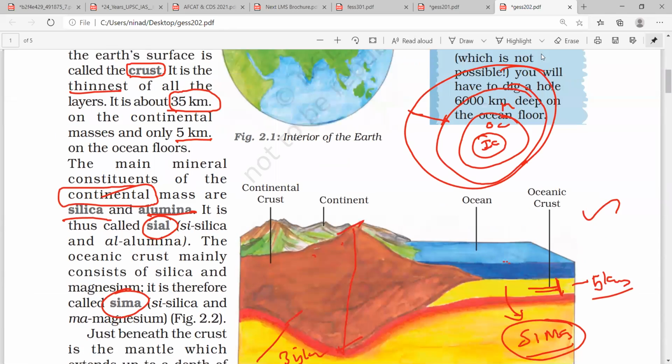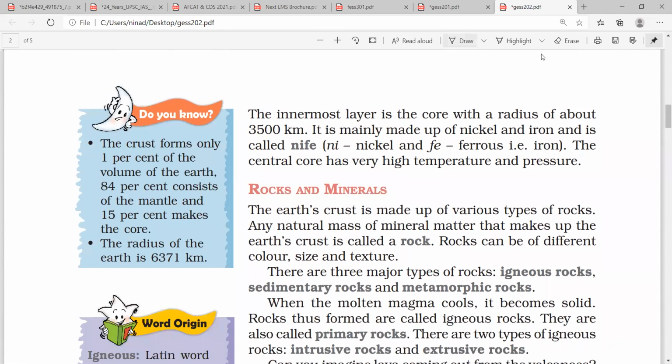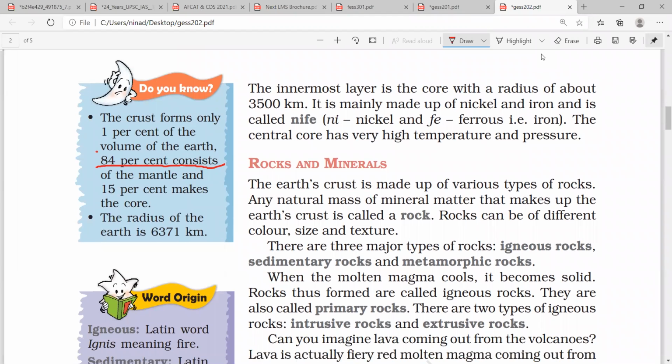Below the crust you have the mantle. The mantle has the largest volume. Look at this. 84% of the Earth consists of mantle only. And the crust is just 1%.